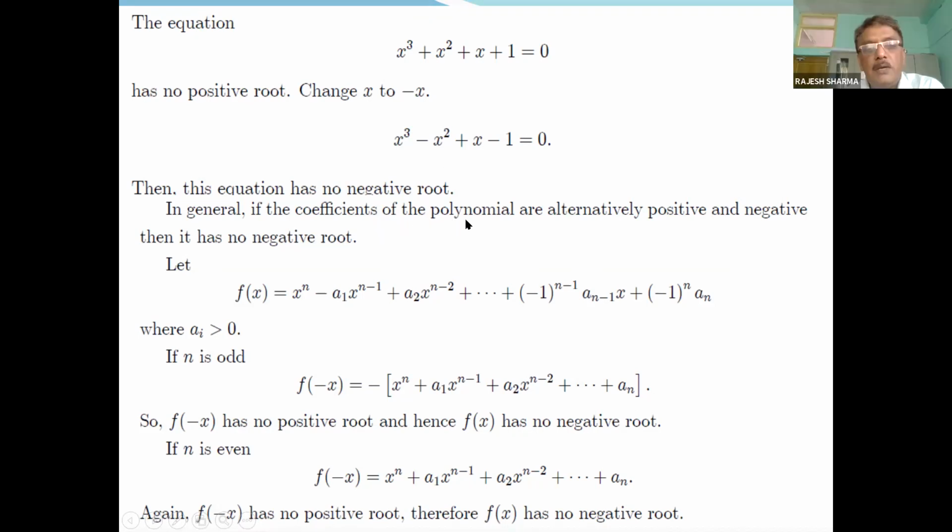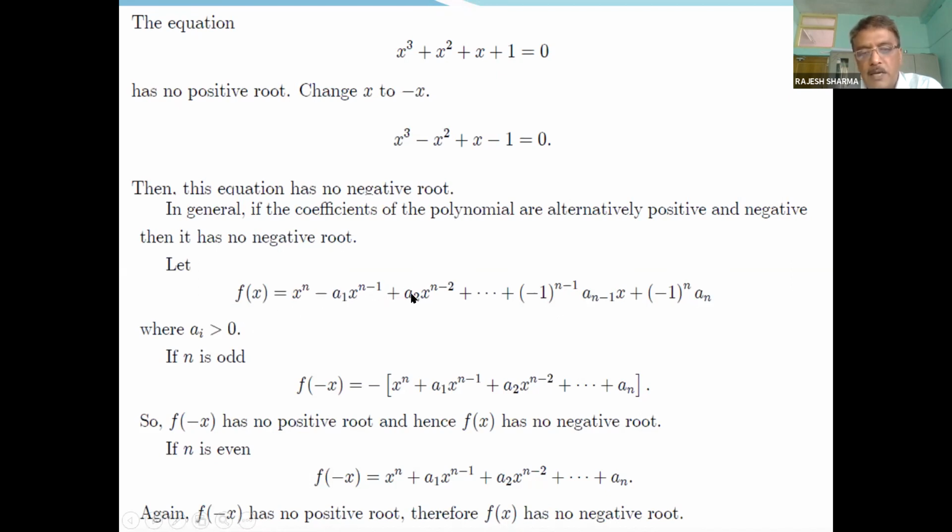In general, if the coefficients of the polynomial are alternately positive and negative, then the polynomial has no negative root. We can write the polynomial in this form: x raised to the power n minus a1 x raised to the power n minus 1 plus so on, up to the last term minus 1 raised to the power n a n, where ai is greater than or equal to 0.